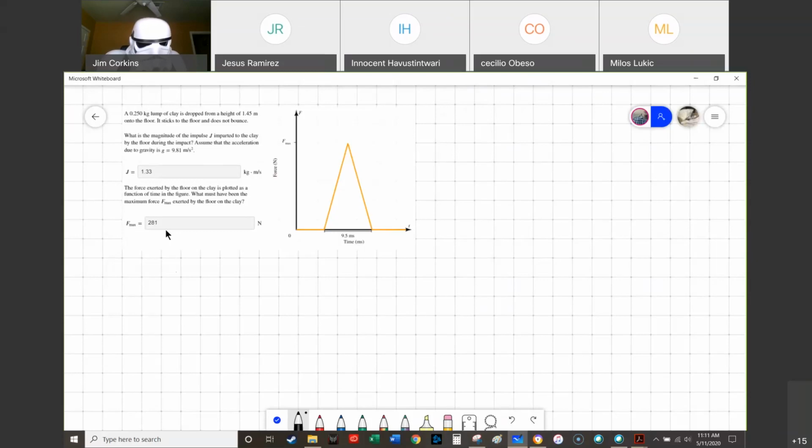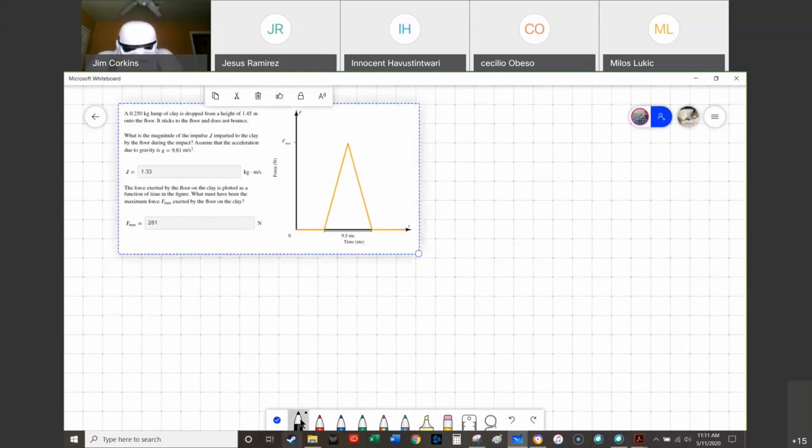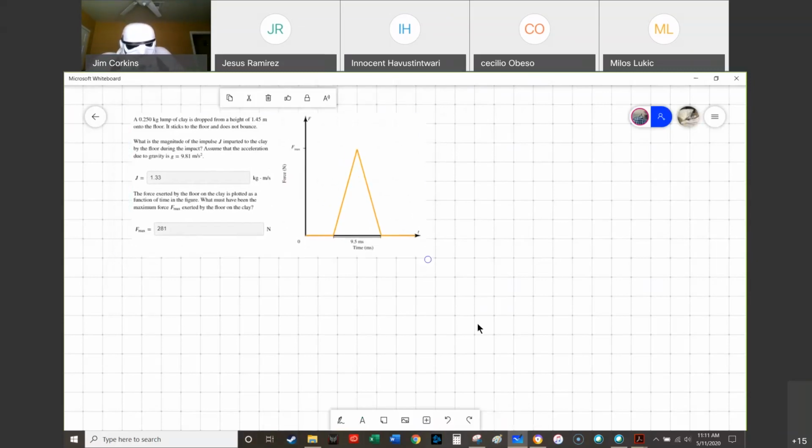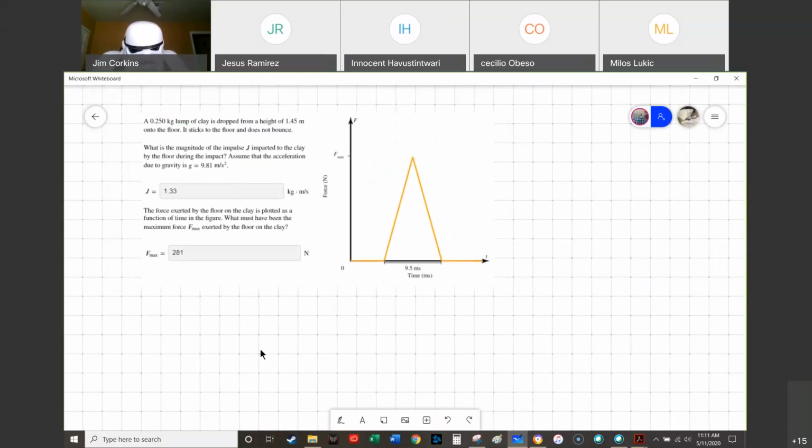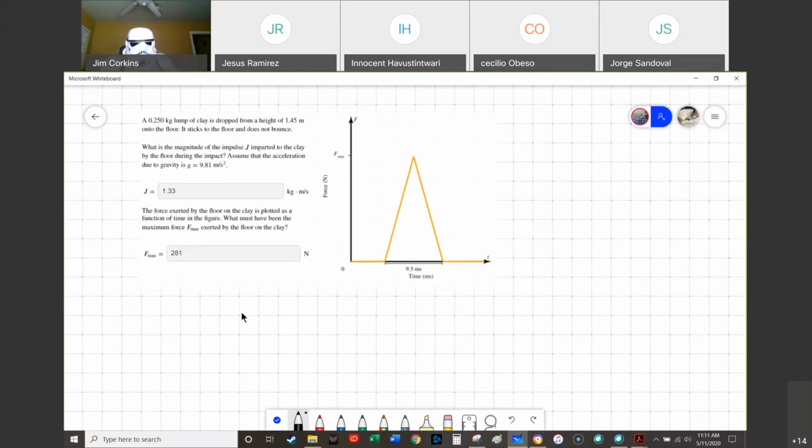All right. To find the impulse, we need to find the area under the curve. I'm going to enlarge this. Anyone want to help me find the area under the curve? Yes.